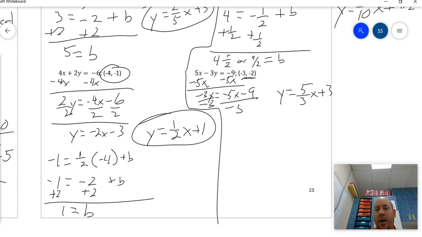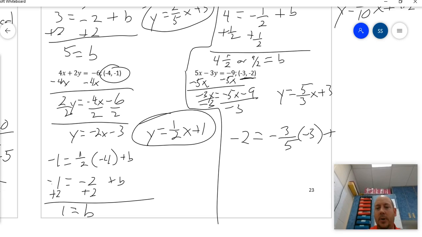So I'm going to plug in my x and y value. So my y value is -2 equals, our slope is going to be that opposite reciprocal, -3/5. Okay. Flip the rise and the run, make it negative since it's positive. So -3/5 times my x value of -3 plus b. Okay, and go through and solve for b.